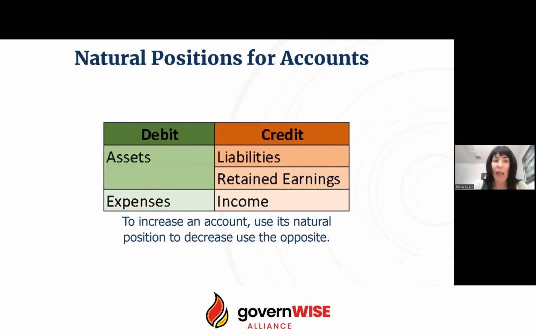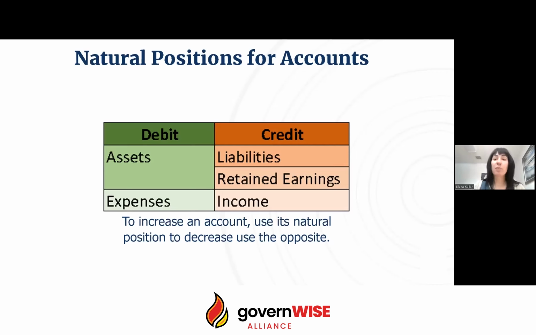Okay, so my assets and expenses are naturally a debit. So if I want to increase an asset or record an expense, I will debit my asset or debit my expense. Now, liabilities, income, and retained earnings or net worth are all on the credit side.